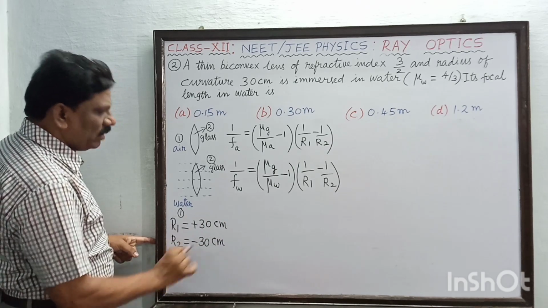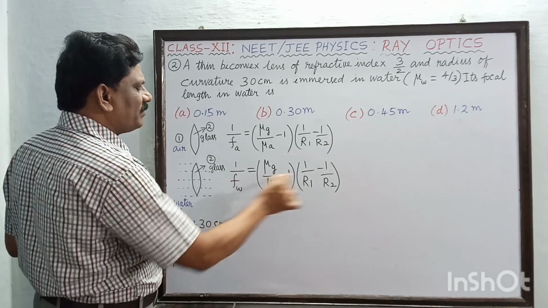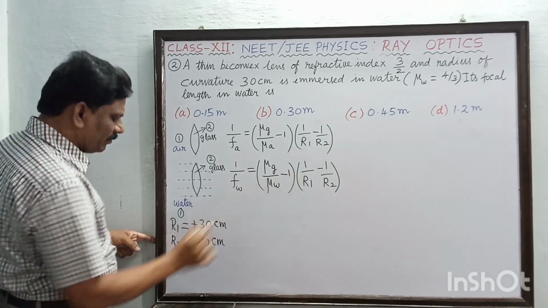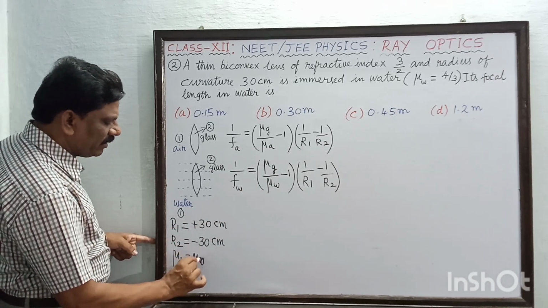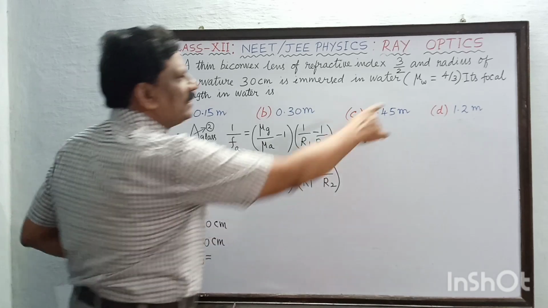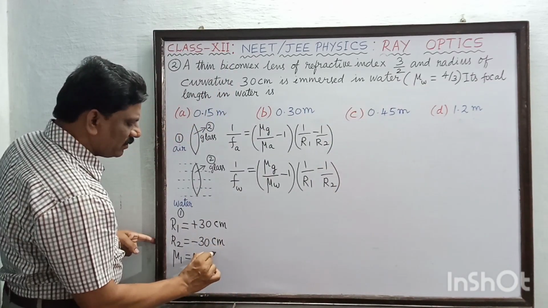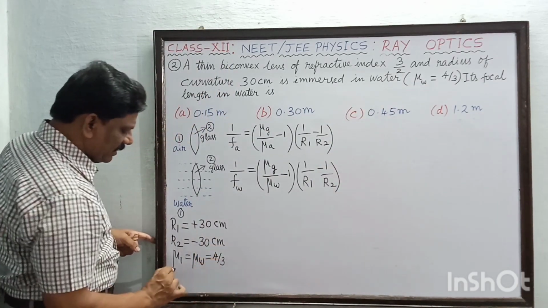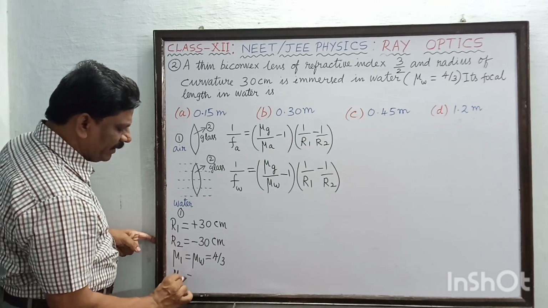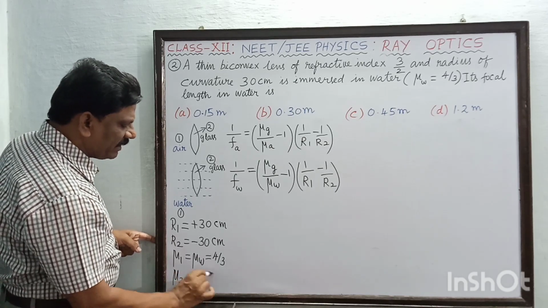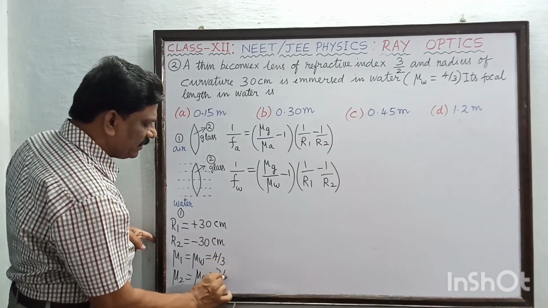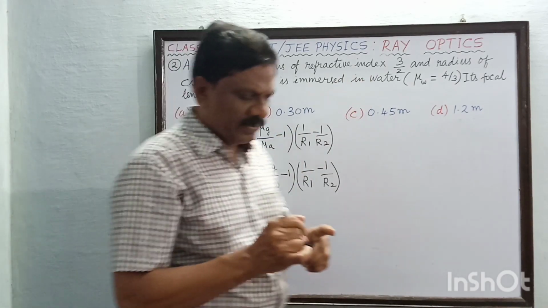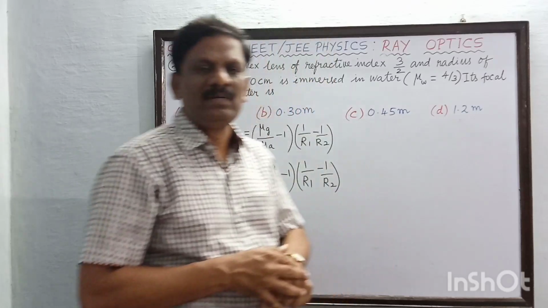And in this equation we are going to substitute mu of the first medium, mu1, which is mu water, given as 4/3. And mu of the second medium, the second medium is glass, given as 3/2. Have you all understood first what is given in the problem?